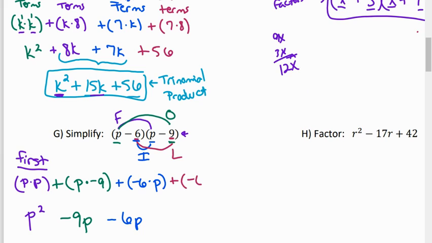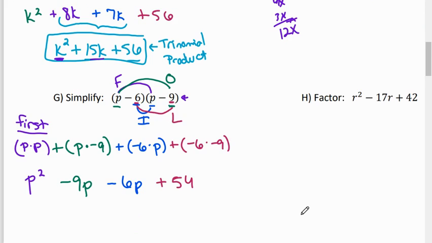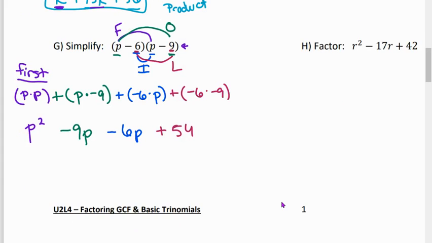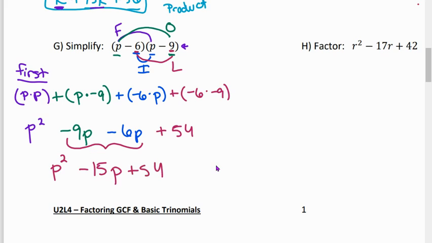So if we multiply -6 times -9, again, you're using the sign that's in front of it. Negative times negative is a positive 54. And then in the middle, you now have like terms. So the negative 9 and the negative 6 added together is negative 15p. This p squared stays the same. The 54 does not have any like terms, so it does not change.